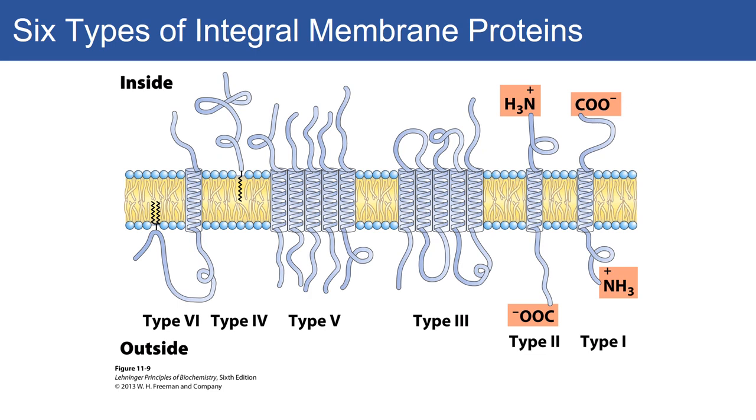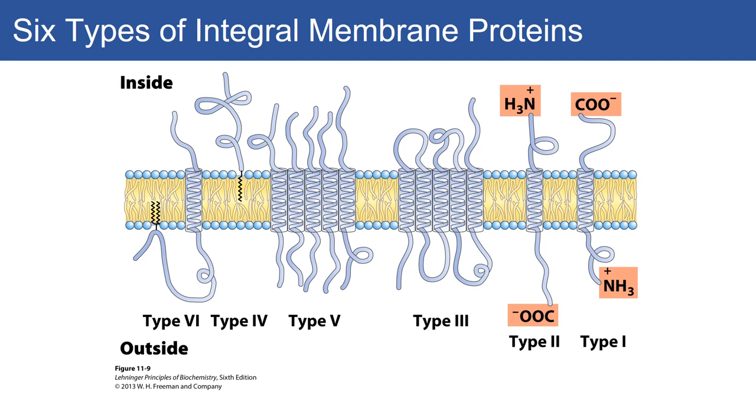Type 4 has a lipid anchor on the exterior side of the cell. Type 5 is alpha helices. Usually they form a complex.